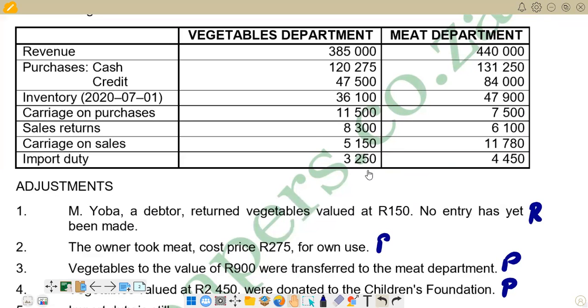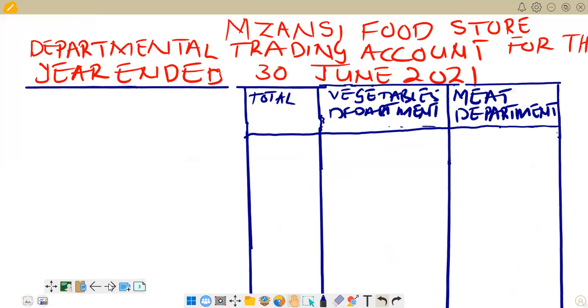This was omitted, so you need to add it to the returns of 8,300. Basically, we're just saying 8,300 plus this one, then the total figure we subtract from the revenue of 385,000. Or we just say 385,000, subtract 8,300, and also subtract 150. So we go to our answer section and summarize that working here. Now we are going to start with revenue.